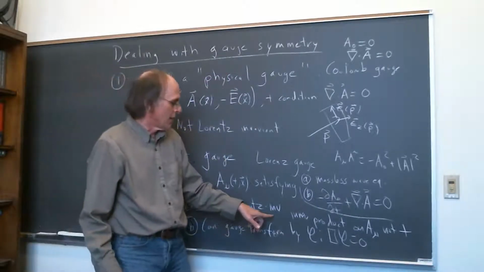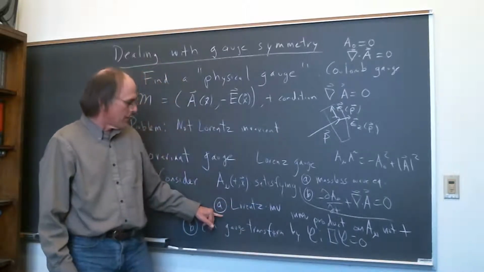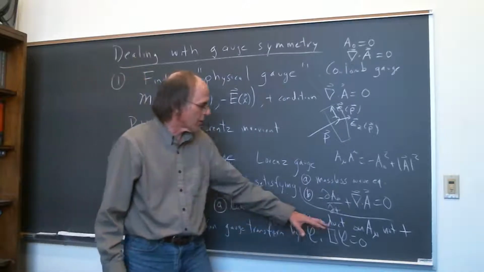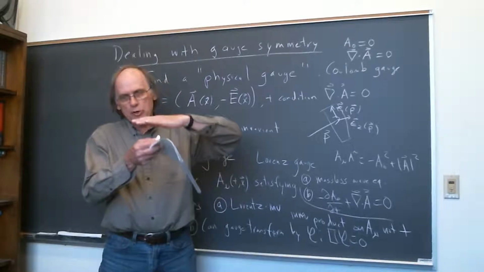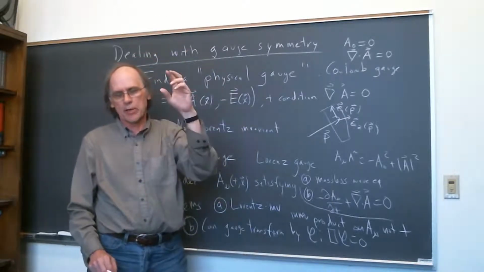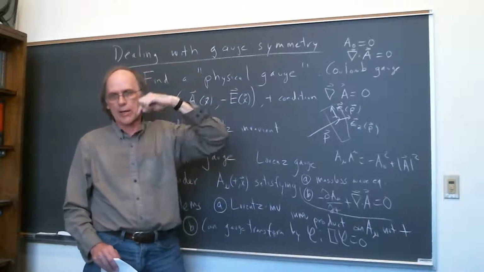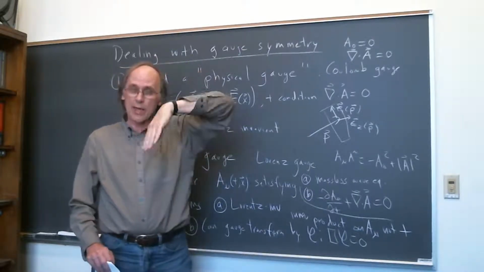If you just quantize away, problem A means you're going to do a Bargmann-Fock quantization, but one of the degrees of freedom has the wrong sign and gives you negative norm states.